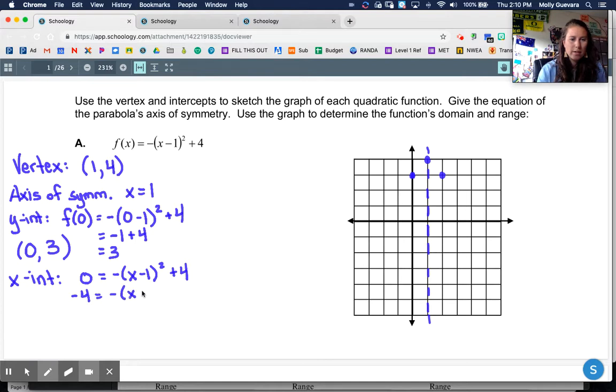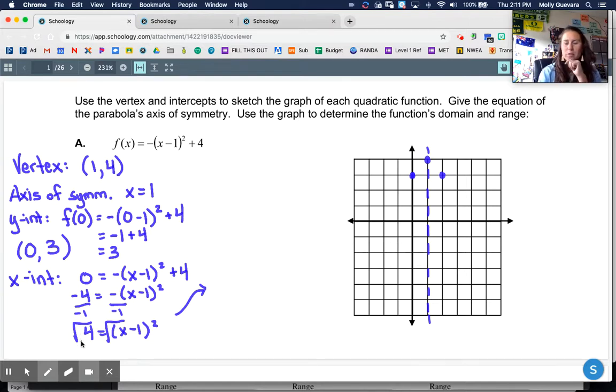That gives me negative times x minus 1 squared. Divide both sides by negative 1 to get rid of these negatives. So I have 4 equals x minus 1 squared. Then I want to get rid of the square, so we're going to square root. I'm running out of space, so let's just go up here.